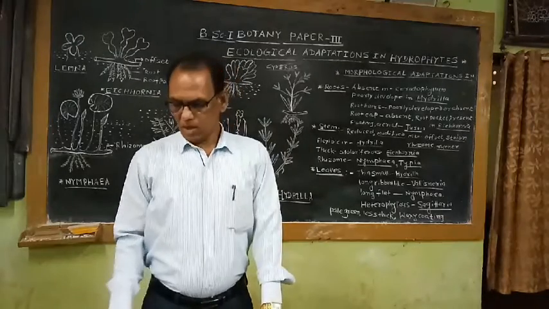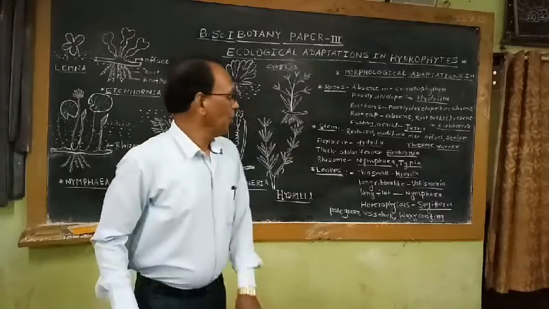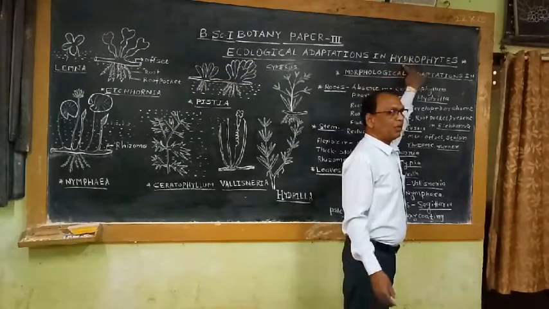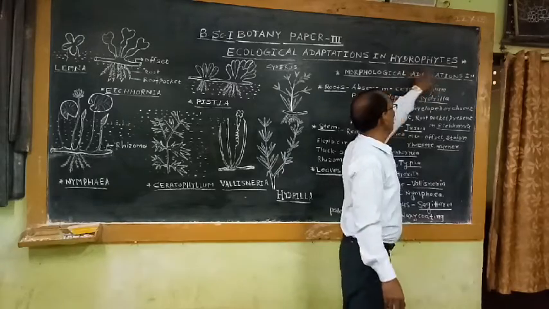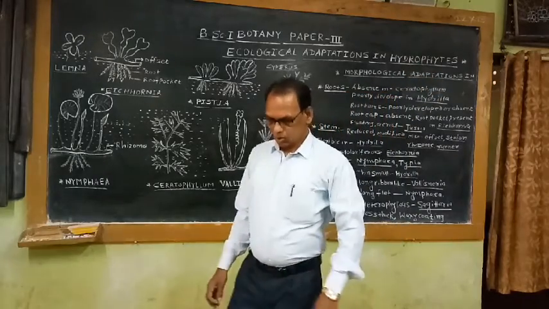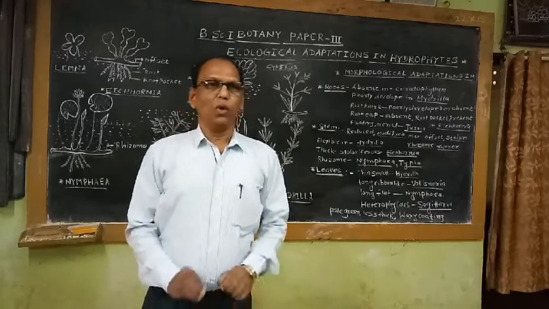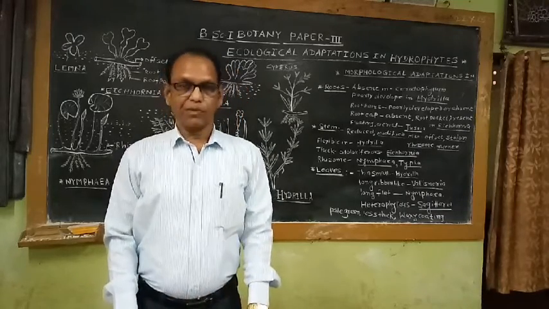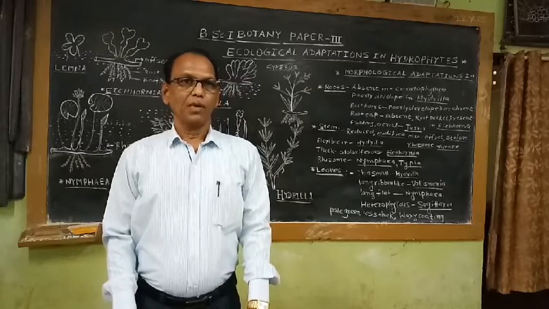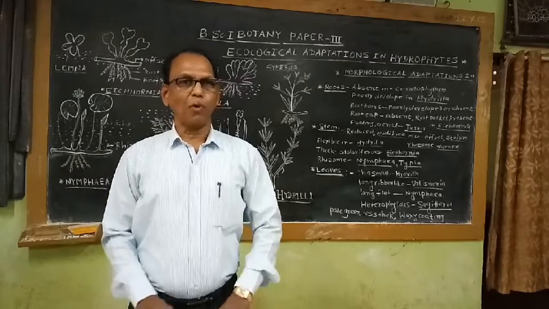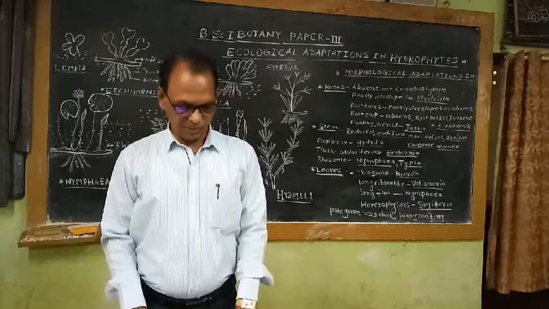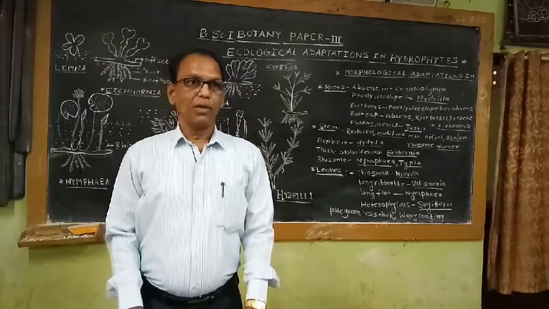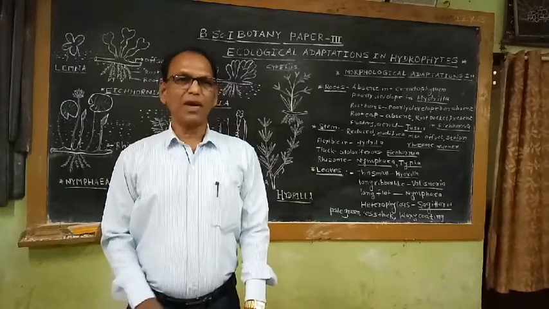So today I am going to discuss the ecological adaptations in the next group of ecology known as hydrophytes. We know the plants which are growing in water, partially or fully below the surface of water, or on the surface of water, or near the water bodies in the marshy soils.